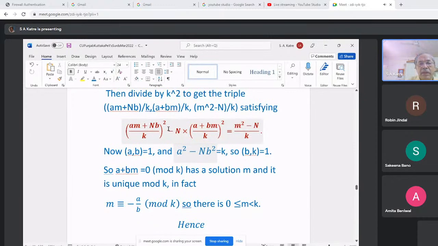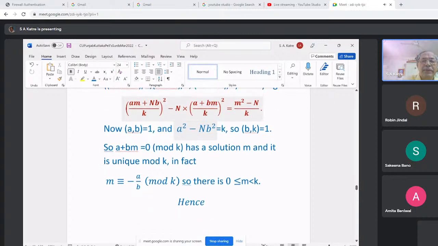Please check that. If the square of a rational number is an integer, then that rational number is also an integer. So by choosing this a plus bm properly, we can get that m square minus n is an integer and this is an integer. All right, so far so good.